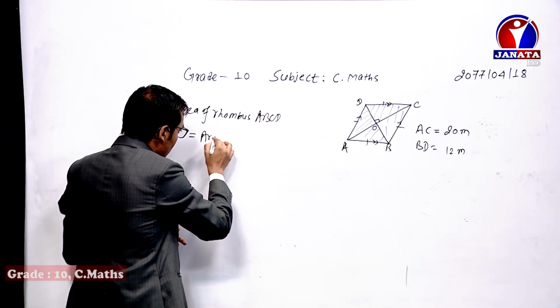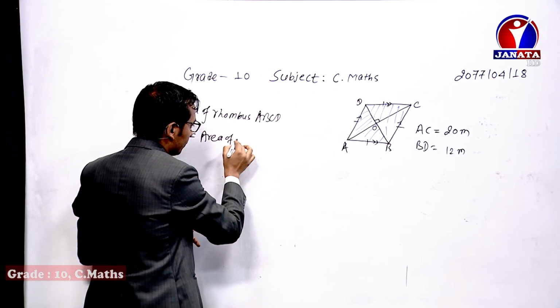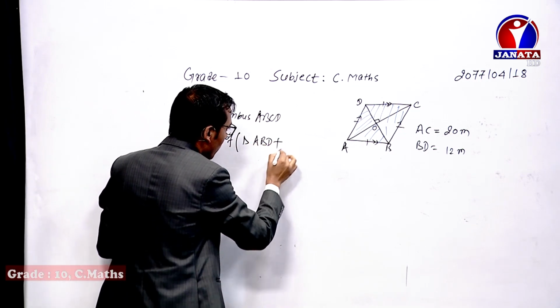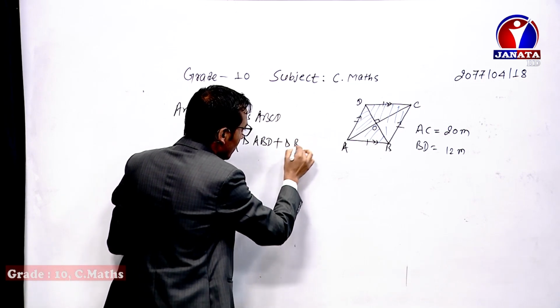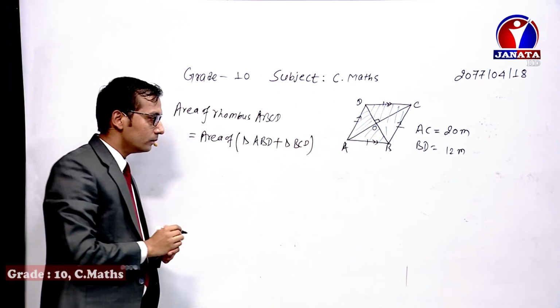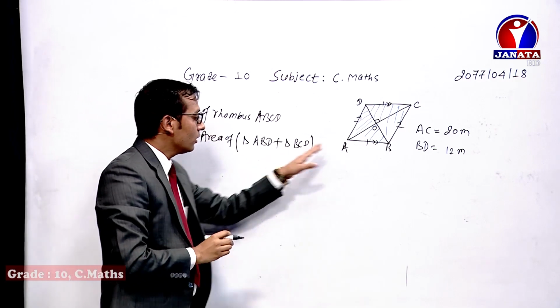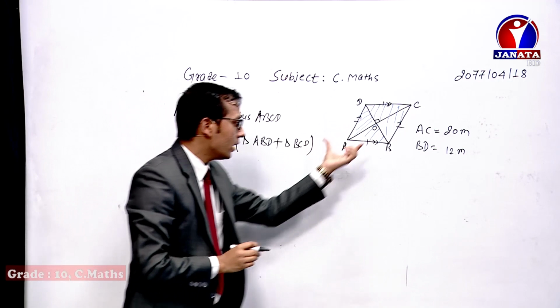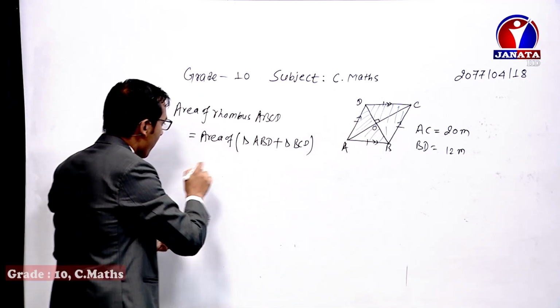This is the area of triangle ABD plus triangle BCD. The area of triangle ABD and triangle BCD is the total area of this rhombus.